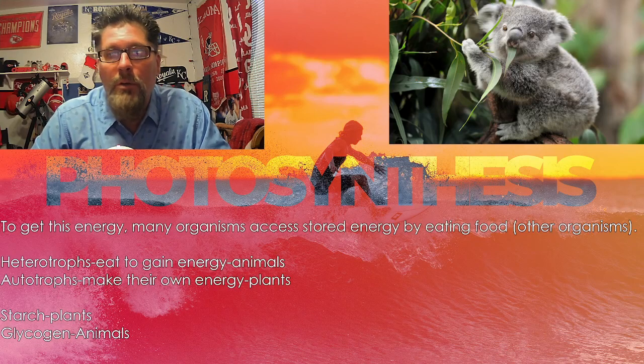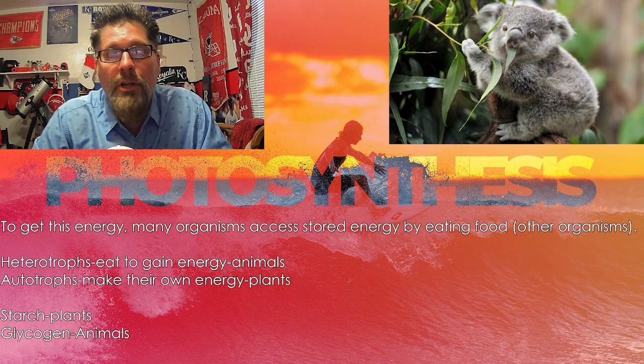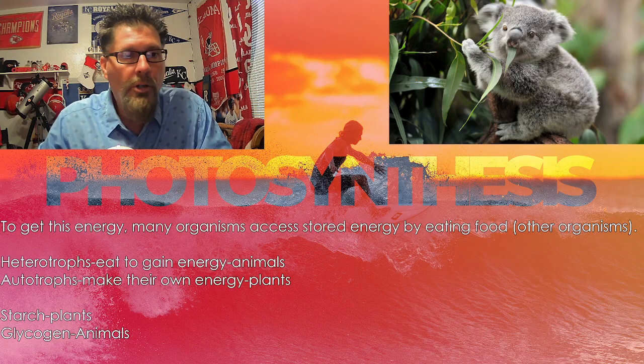The animal, the koala bear, is a heterotroph, has to eat to gain energy. And of course, something we talked about way back in chapter 3, macromolecules, the idea that plants store these glucose molecules as starch, and we store them as glycogen. It's essentially the same thing. It's just that each of the different types of organism needs a little bit different structure in the sugar storage.